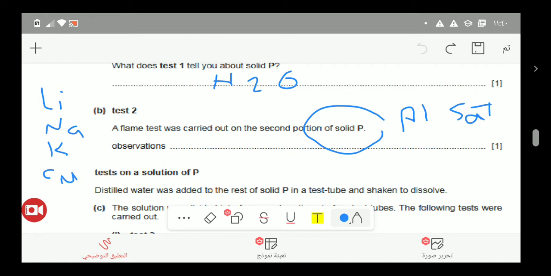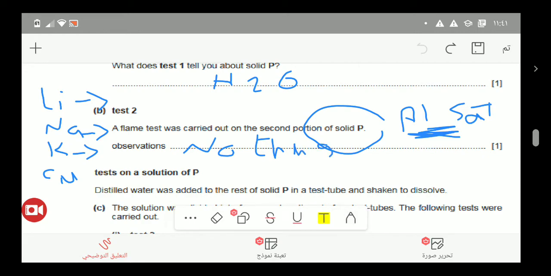Lithium gives a red color, sodium yellow, and copper gives a green color. Tests on aluminum salts will not give any color; only sodium hydroxide, ammonia, acids and so on. So no observation, nothing.